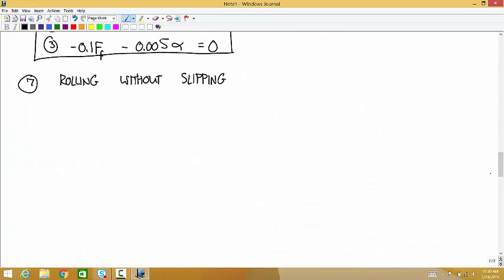So the acceleration of B relative to the ground is equal to the acceleration of B relative to the center plus the acceleration of the center relative to the ground. And we're going to use this only for the parallel part because we know that the acceleration of the center relative to the ground only has a parallel part.